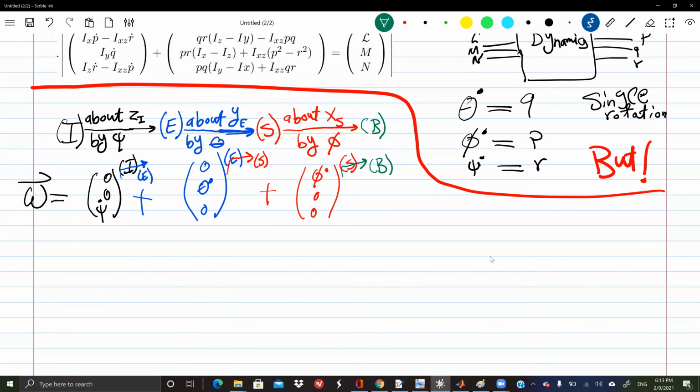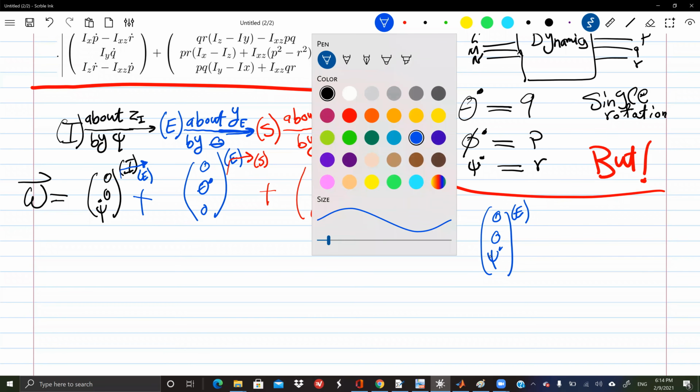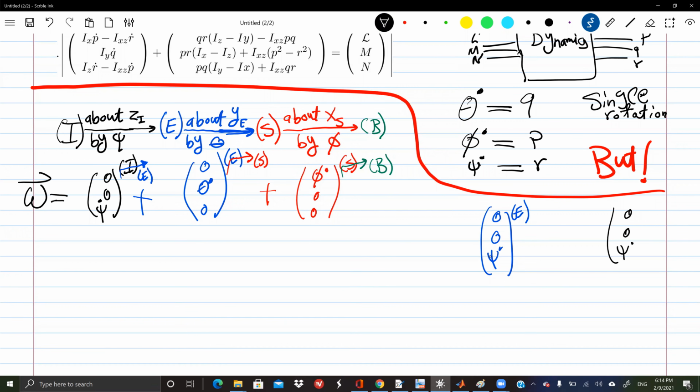So look at this. Let me do it here with the nice colors. This is 0, 0, psi dot in the I frame, and 0, 0, psi dot in the E frame, right? This is from one hand. I'm saying this is exactly equal to 0, 0, psi dot in the I frame.